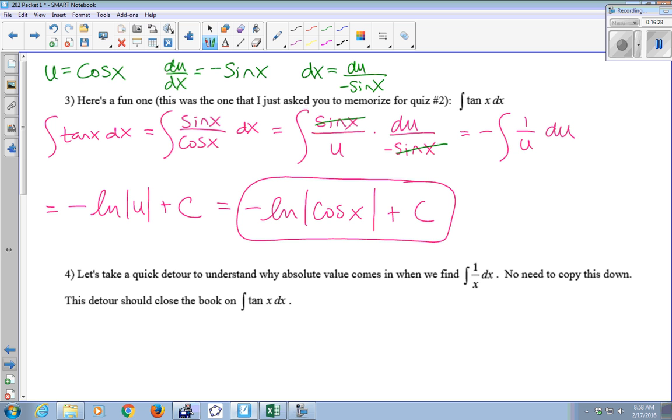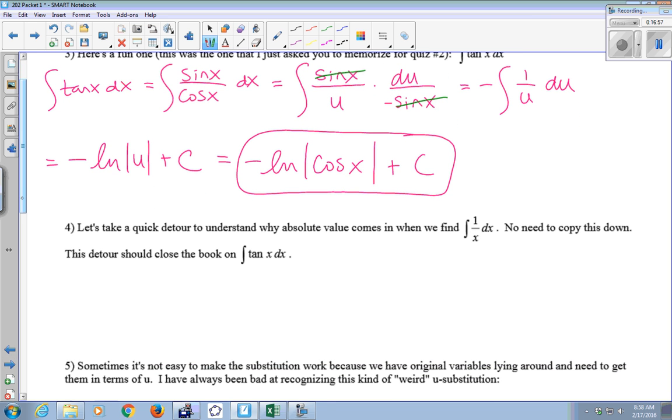So I've avoided talking about this absolute value piece of the antiderivative of 1 over u being the ln of the absolute value of u. We know that the derivative of the ln of u is 1 over u, right? So we know it in the reverse order. So why do these absolute value bars show up when we reverse it, when we take an antiderivative?